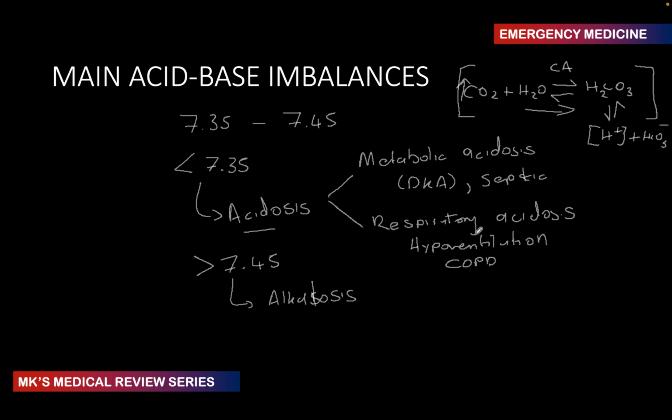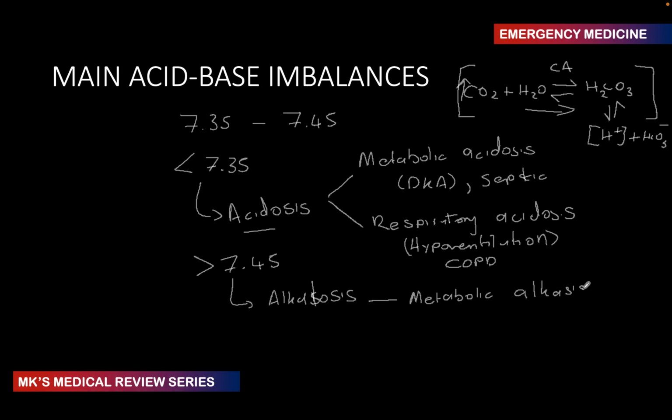So you could see this in patients that are retaining carbon dioxide, for example, those patients that have COPD. Then in terms of alkalosis, it could also arise as a result of metabolic problems. So it could be metabolic alkalosis.